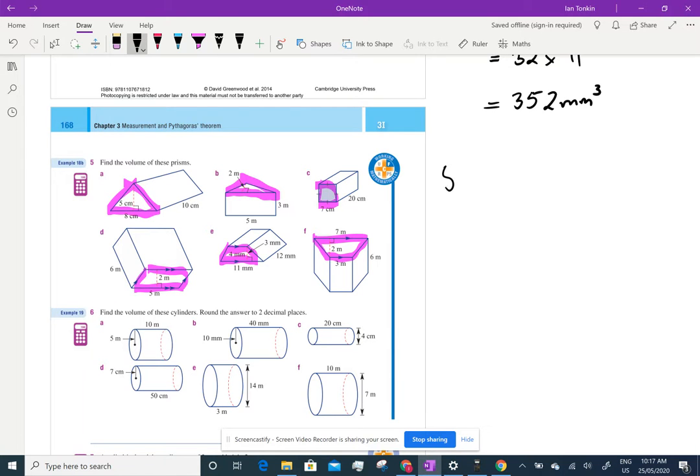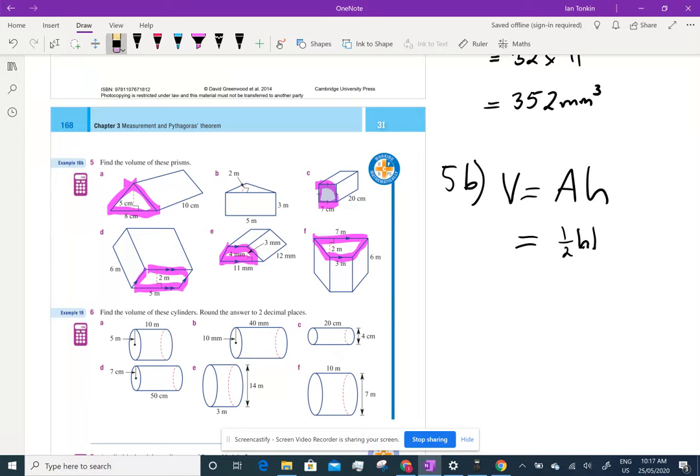So if I do 5B, now the cross-section is on the top. Don't let it confuse you. That's the way you've got to slice it. So I have to find the area of that. So my volume equals AH. Now what's the area? It's a triangle, so it's a half bh.